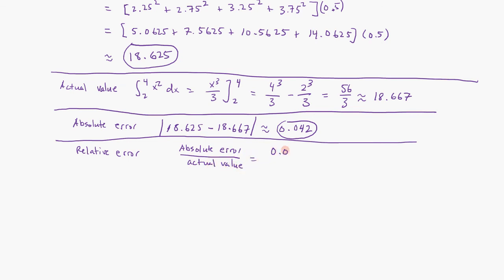So 0.042 divided by the actual value, 18.667, and this is approximately equal to 0.00225. And percentage wise, this is 0.225%. So again, we see that this is a fairly good approximation.